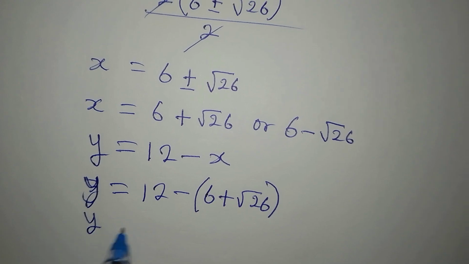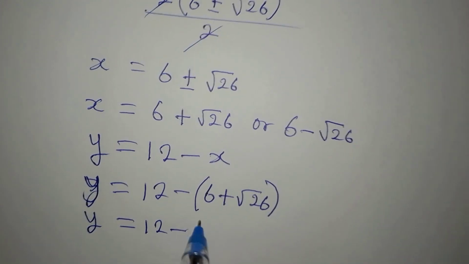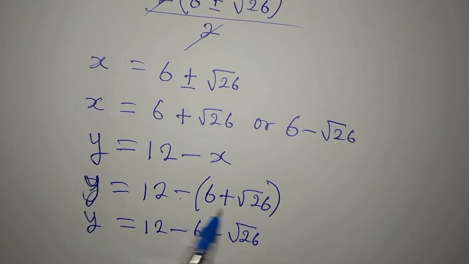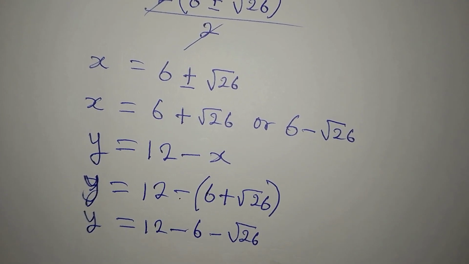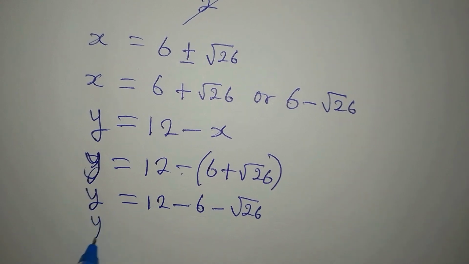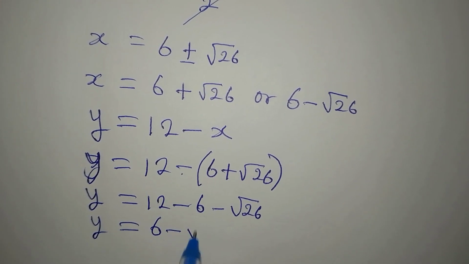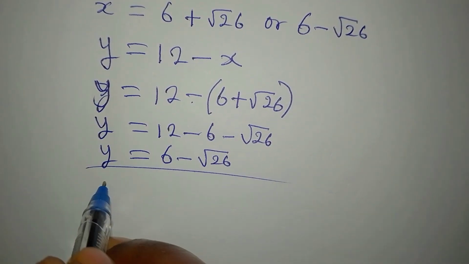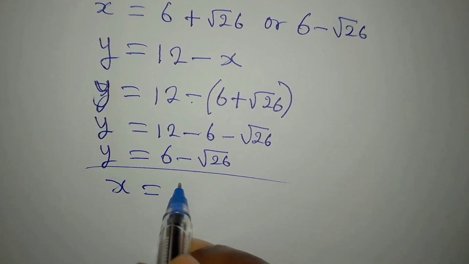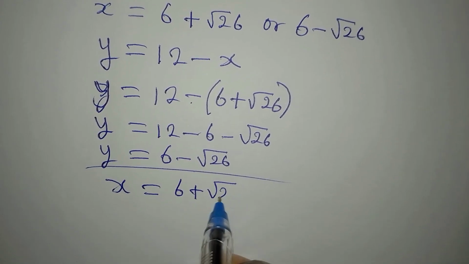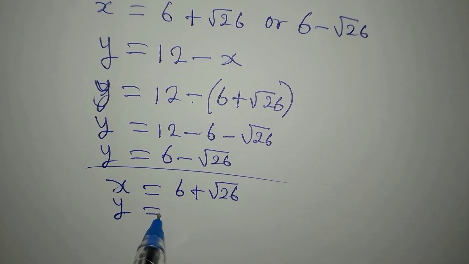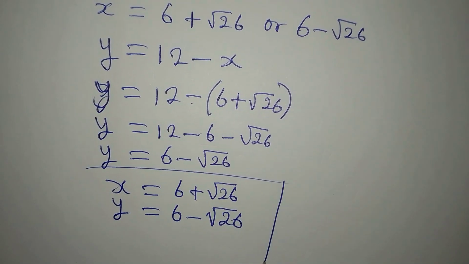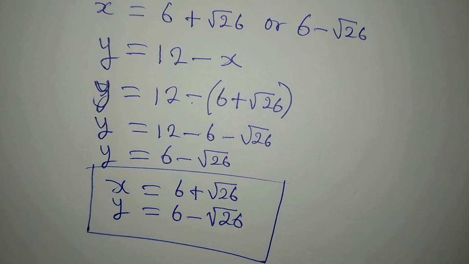So that y is 12 minus 6 minus root 26. This negative will multiply this to give us negative 26. So y is equal to 6 minus root 26. So what are we saying? We are saying that when x is equal to 6 plus root 26, y equals 6 minus root 26. This is what we have.